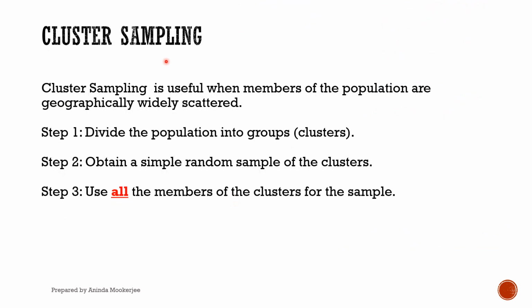We are now going to discuss the next sampling technique, which is called cluster sampling. Cluster sampling is used when the population is spread over a wide geographical area, and we want to ensure that we have representation from the different areas of the population, right? So for example, let's say that our study involves the entire United States.